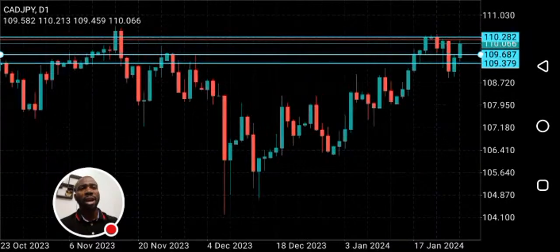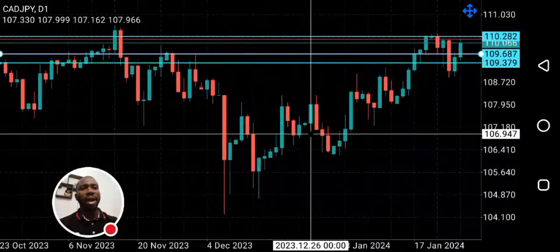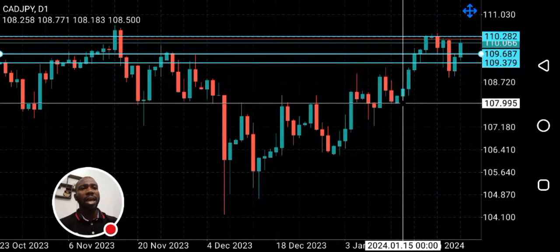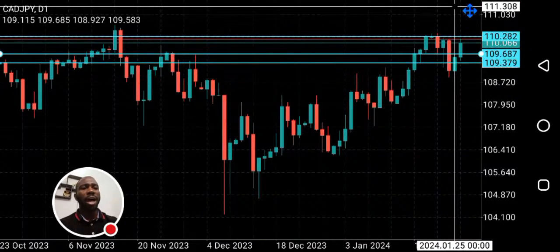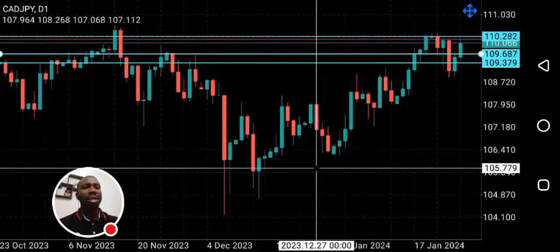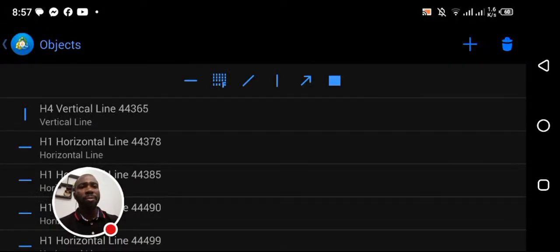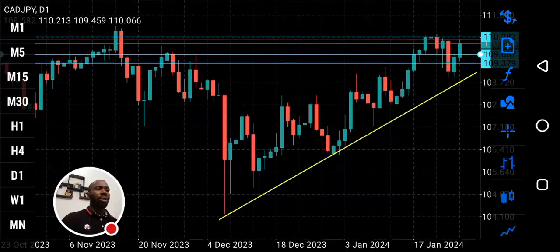If you look at the structure we have here on the daily, this is a bullish structure, right? From the low, this is a higher low, higher high, higher low, so it's likely going to form a new high. If we apply the trend line, you can see what we have on the daily.